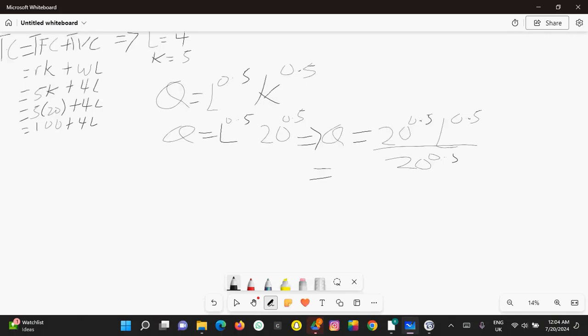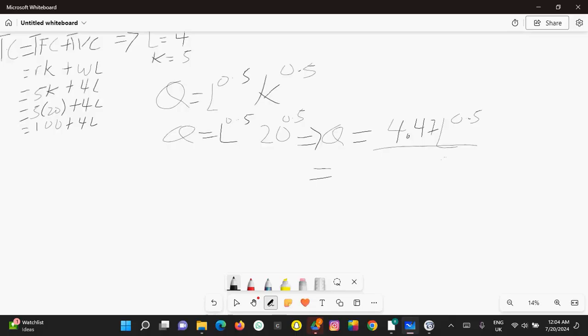Or you can use a calculator to do that. 20 raised to the power 0.5 is giving me 4.47.